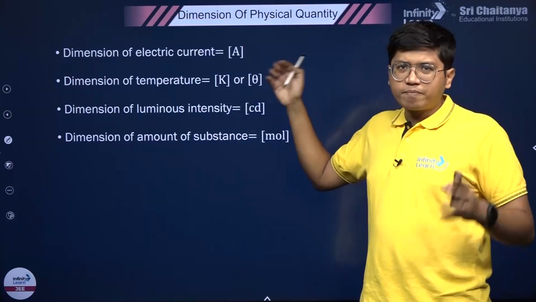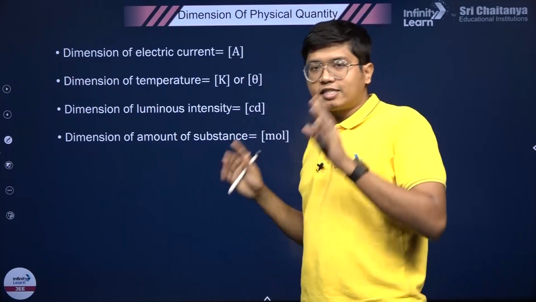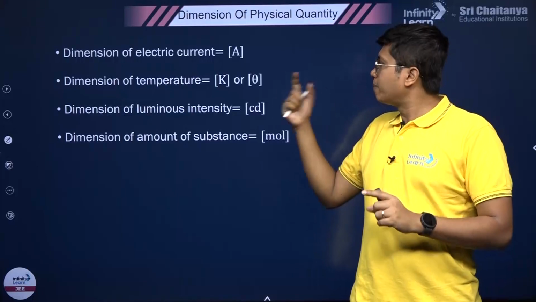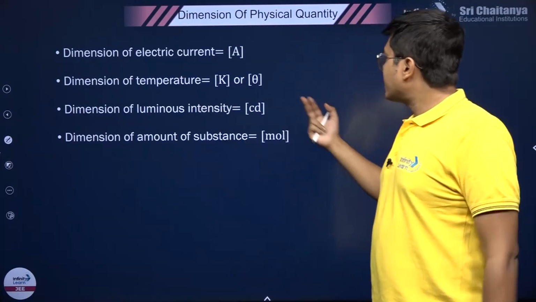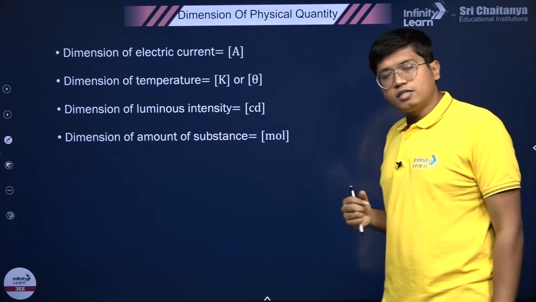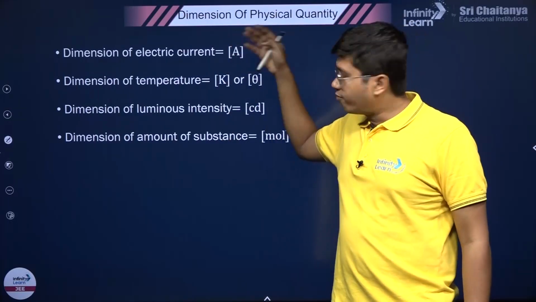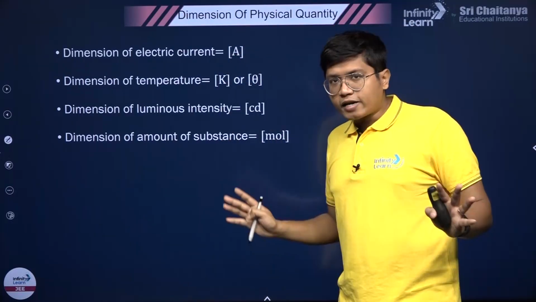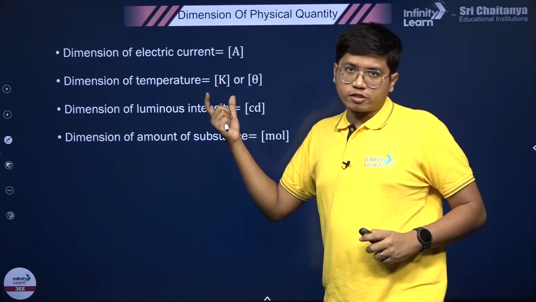So the lettering comes from there, but if you put it in square brackets, it just means that the dimension of electric current is A. Luminous intensity is cd, again from candela, and amount of substance is mole. Now these are the fundamental units and the fundamental dimensions. Most derived quantities will be combinations of these fundamental dimensions.